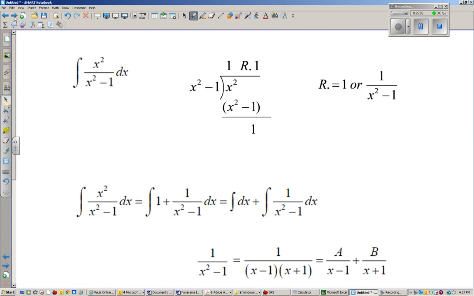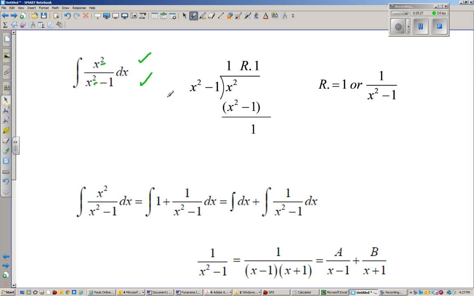And I'd like you to see that we have a fraction here, and this is a situation where the degree of the numerator and the denominator are the same. They're both squared. And this technique will call for doing a little long division.